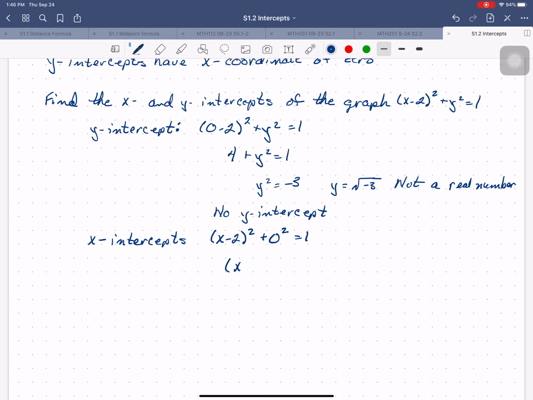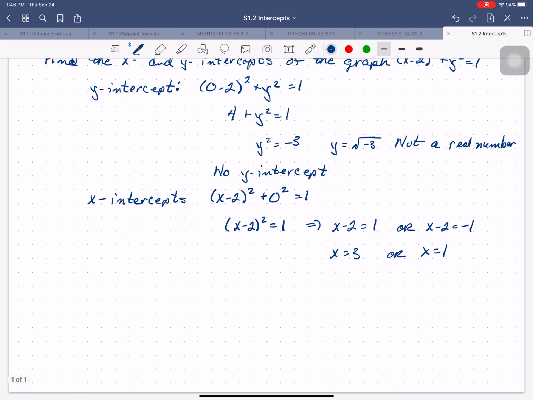And this means that x minus 2 squared equals 1, which means that x minus 2 equals 1, or x minus 2 equals -1. So we get x equals 3, or x equals 1, which means that my x-intercepts are at the point 3, 0, and 1, 0.